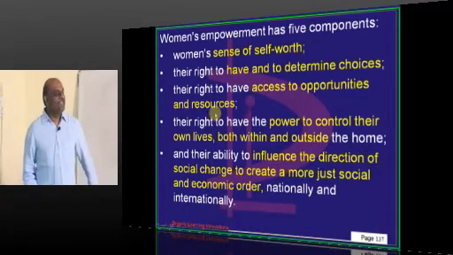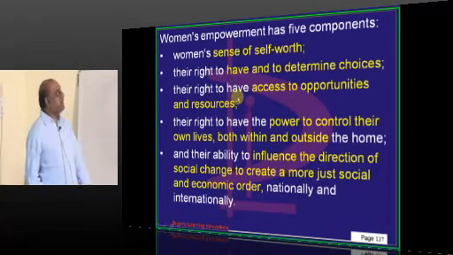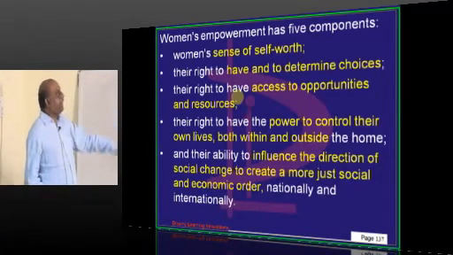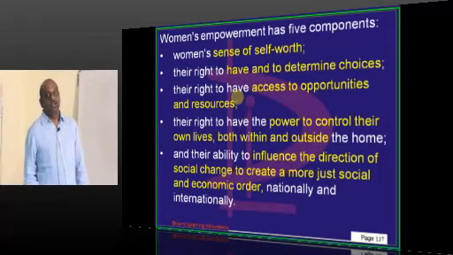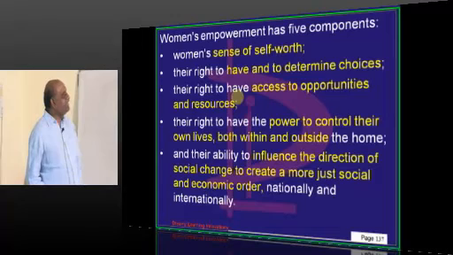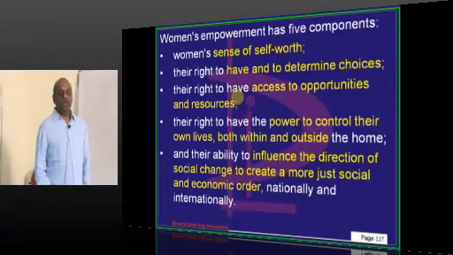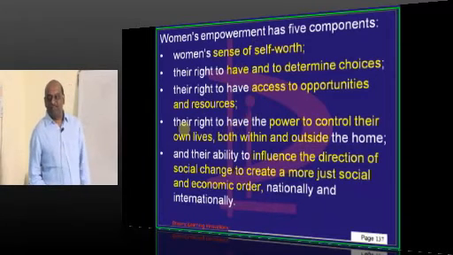Because of the women empowerment. And the right to access opportunities and resources. And the right to have power to control their own lives, in addition to controlling the men's life. And their ability to influence the direction of social change, to create a more just social and economic order. You are all in future going to become top consultants. You will be owning a hospital, and all your staff will be waiting for you to address on Jan 26th. You must be ready with these facts and figures also.